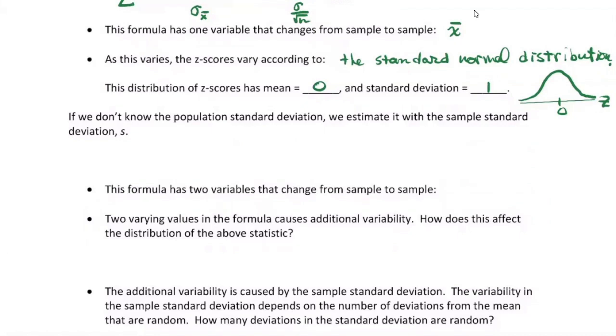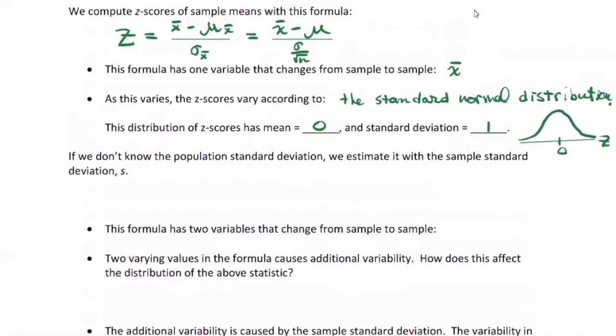If we don't know the population standard deviation, then you can't do that computation. So we have to estimate it with a sample standard deviation. So this z-score for standardizing, so that you can use the standard normal distribution, that computation cannot be done, because the population standard deviation here in the denominator is not known.